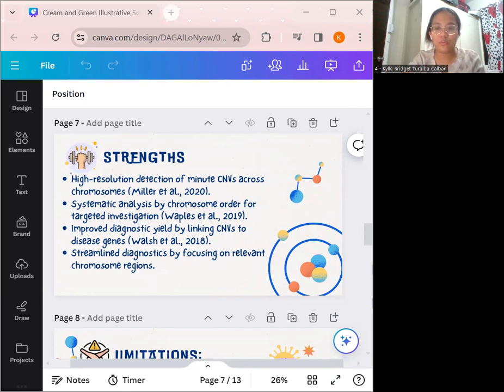This targeted approach enhances diagnostic yield by correlating CNVs with known disease-associated genes within specific regions, leading to more accurate diagnosis and interventions. Furthermore, chromosome order analysis streamlines the diagnostic process, focusing on specific chromosome regions with CNVs and avoiding unnecessary testing of unaffected areas. This leads to efficient resource utilization and faster turnaround times for diagnosis.